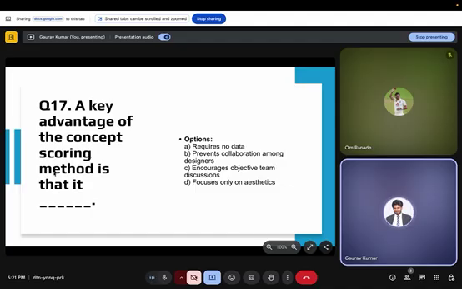So, concept scoring acts as a collaborative communication tool by grounding the evaluations in data, and it promotes open, evidence-based discussions among engineers, designers, and makers. This objectivity transforms potential disagreement into constructive, data-based debate supported by measurable evidence.